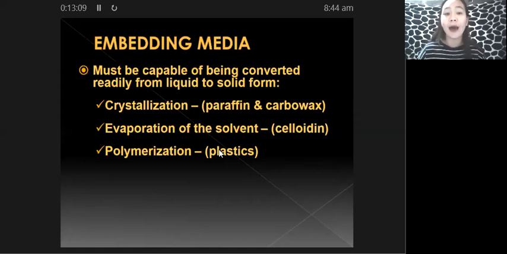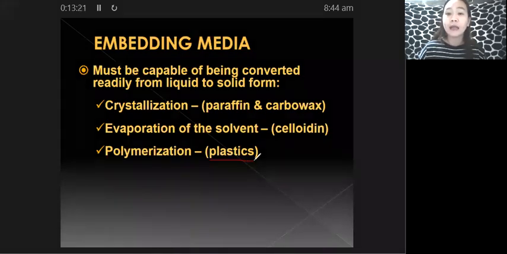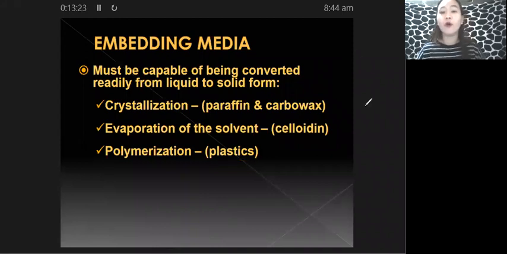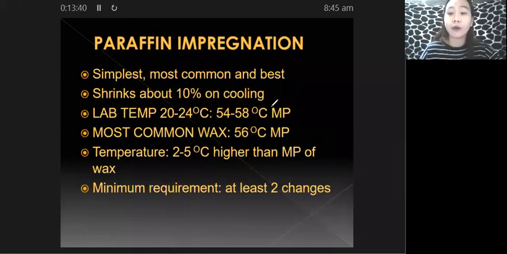And lastly, we have polymerization, which is the mechanism involved in the solidification of your plastics. Those are the different mechanisms involved in the solidification of your media. We will be discussing each media. The first one will be your paraffin. First, let us consider your paraffin waxes.